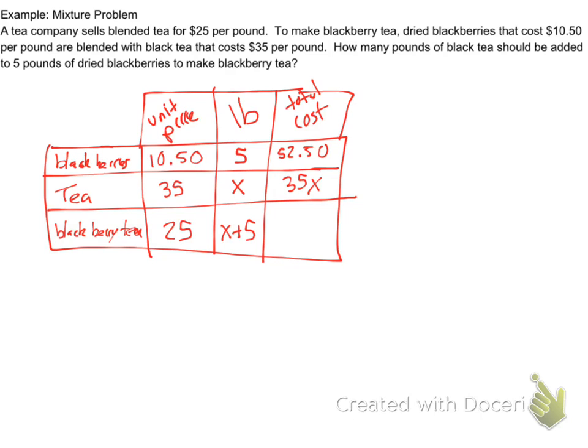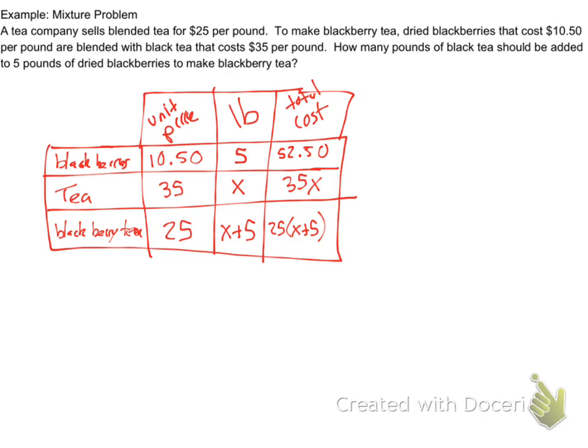Now, if you know the poundage is X plus 5 pounds, and you know it costs 25 per pound, how much money does it cost? Unit price times your poundage, right? So this one should be 25 times X plus 5.